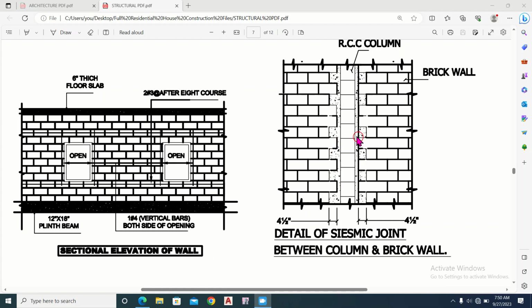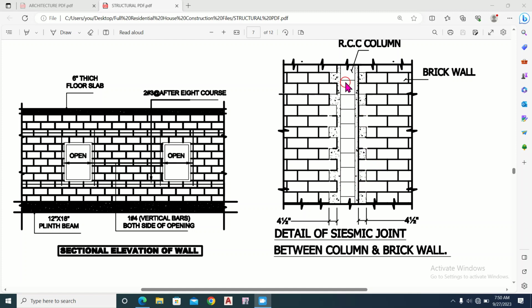And this makes the wall more integral, and its capacity is also increased in an earthquake because there is a good bond between the columns and the bricks, so it will resist more load.